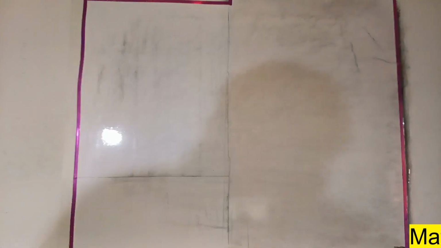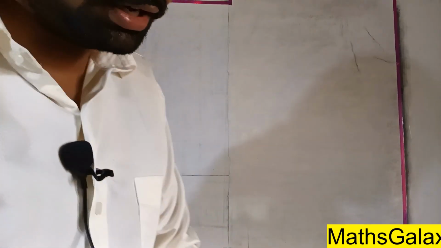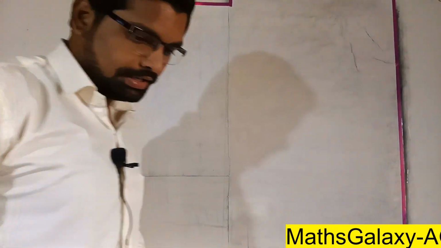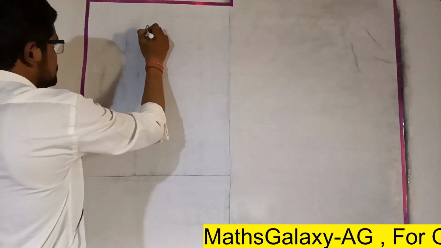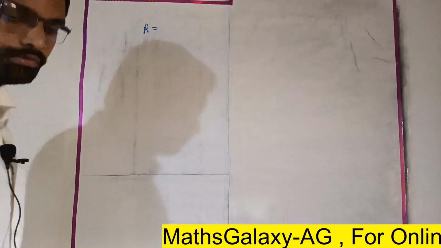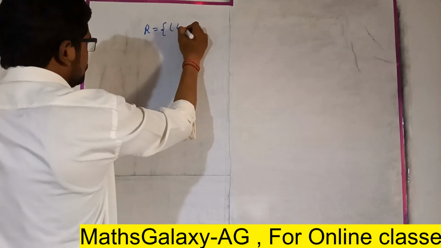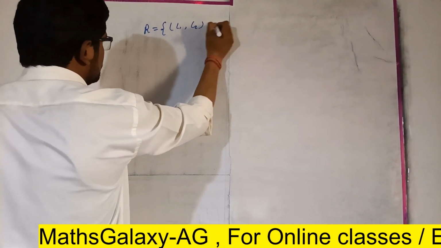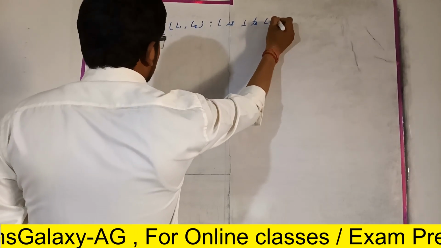So see here, we were solving question example 3. Here we have to show the relation. The relation is given, R equal to L1 L2 such that L1 is perpendicular to L2.